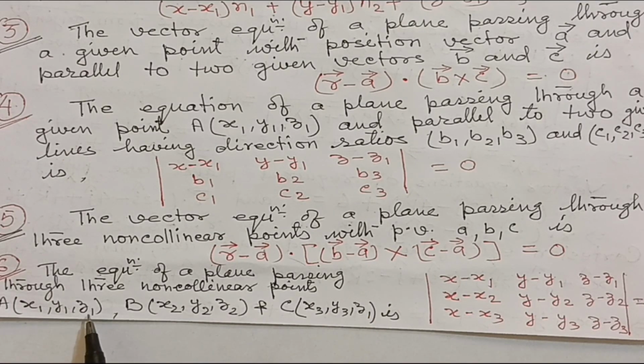Then the equation of the plane in Cartesian form is the determinant with rows (x minus x1, y minus y1, z minus z1), (x minus x2, y minus y2, z minus z2), (x minus x3, y minus y3, z minus z3), equal to 0. The determinant's value is 0. It is the equation of a plane passing through three non-collinear points whose coordinates are given.